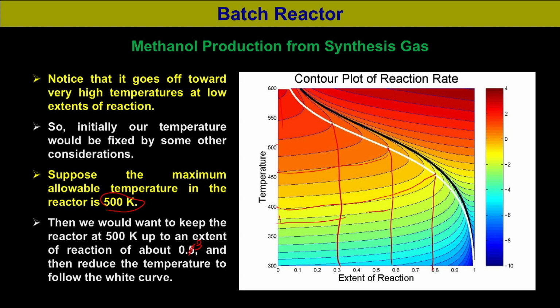And again we reduce the temperature to around 400 or so, and it will reach this conversion. So, we have to optimize the temperature step by step, reducing the temperature, so that we can achieve the maximum conversion possible in a minimum time.